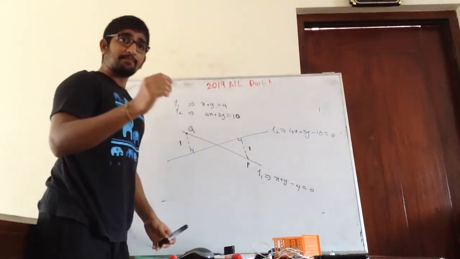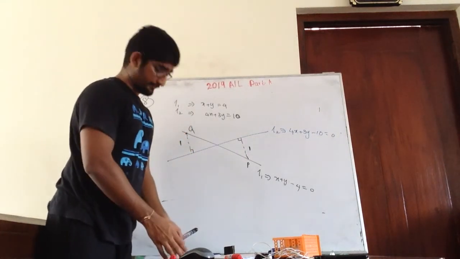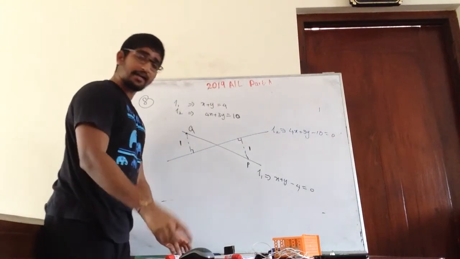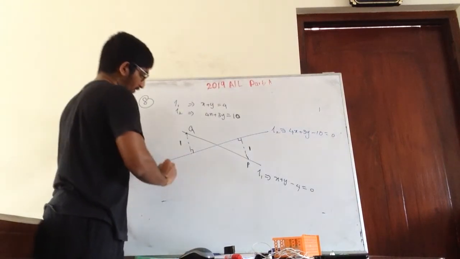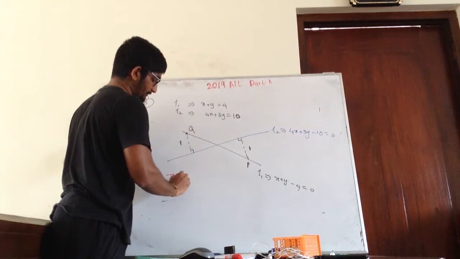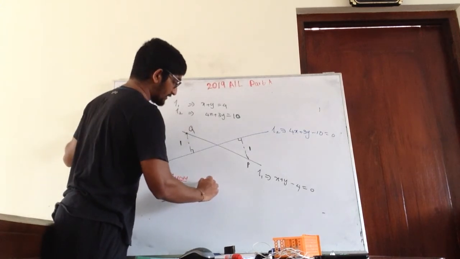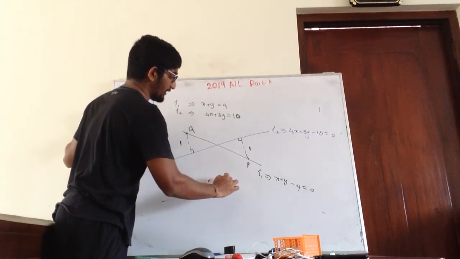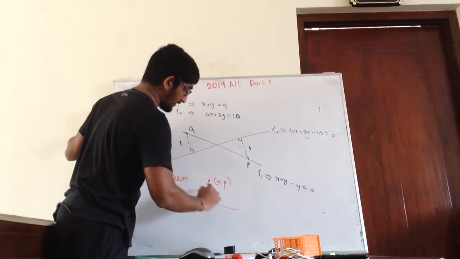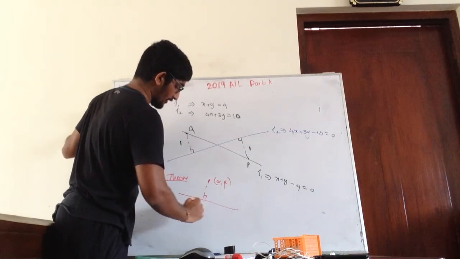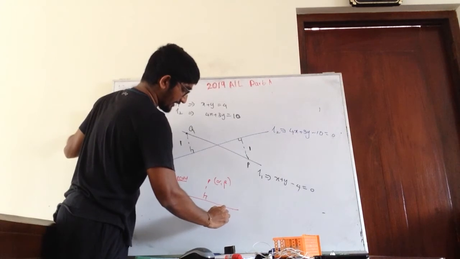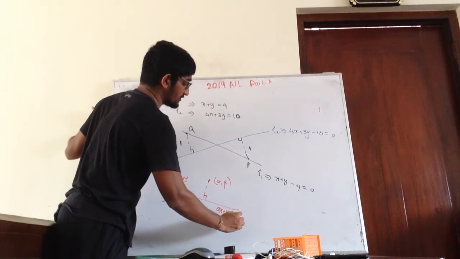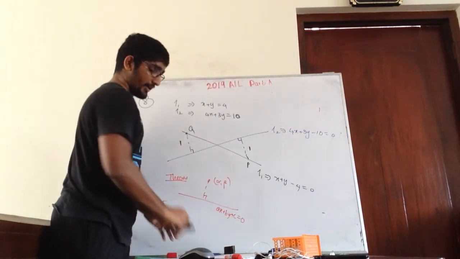So there's a theory here that you need to know, that is this. If there is a point (alpha, beta) here, and then there's a line here which is ax plus by plus c equals 0, right?